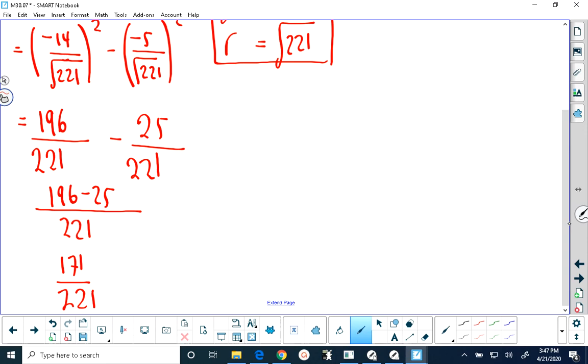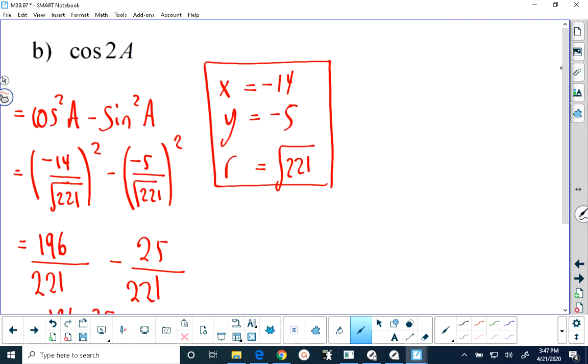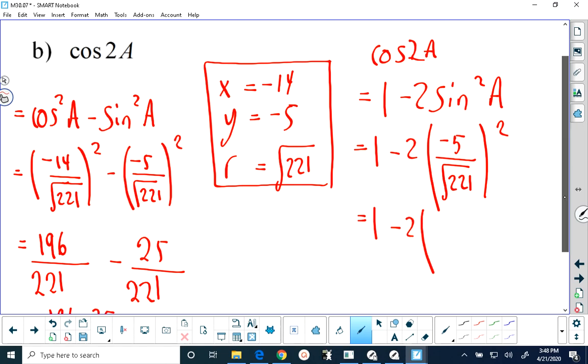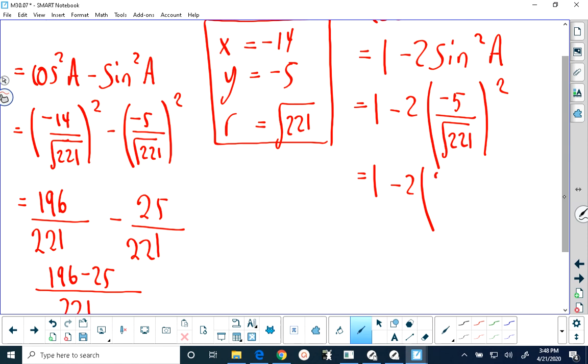Now, what would have happened had we used the following identity? Cosine of 2A equals 1 minus 2 sine squared of A. Let's see what happens. We get 1 minus 2. Well, what is sine squared of A? It's the y coordinate over the r value, quantity squared. So we're going to get 1 minus 2 times the square of the sine, which will be 25 over 221.